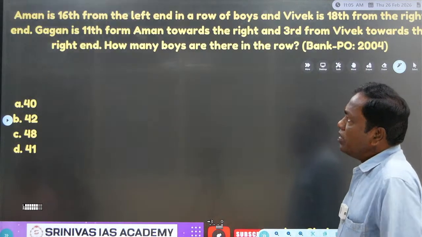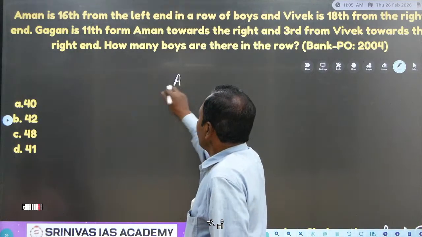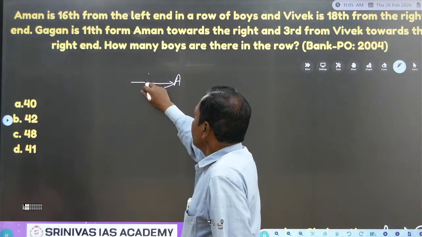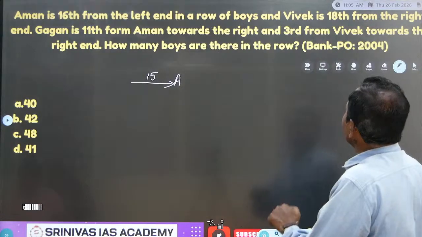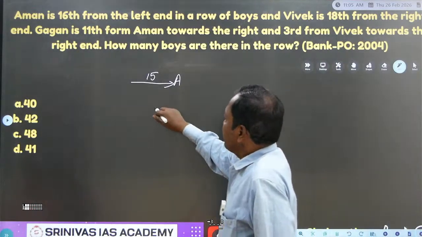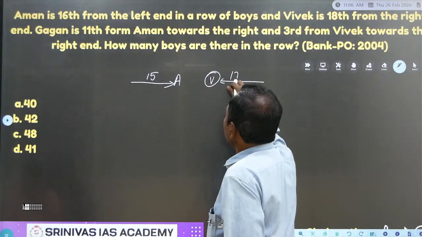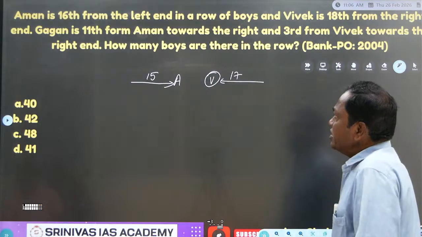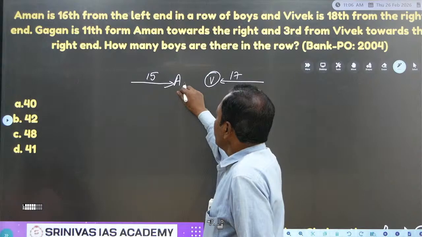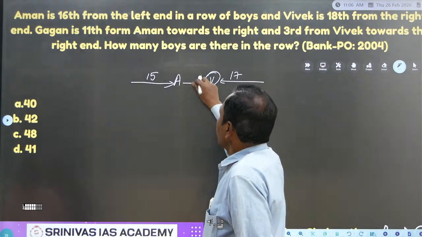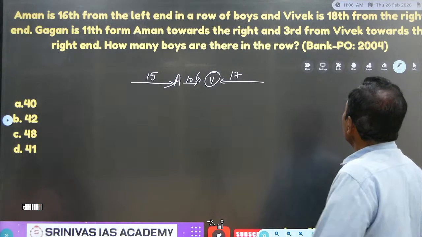Next. Aman is 16th from the left hand, meaning the left hand in a row of boys. And Vivek is 18th from the right hand. Gagan is 11th from Aman, meaning there are 10 towards the right, and third from Vivek.